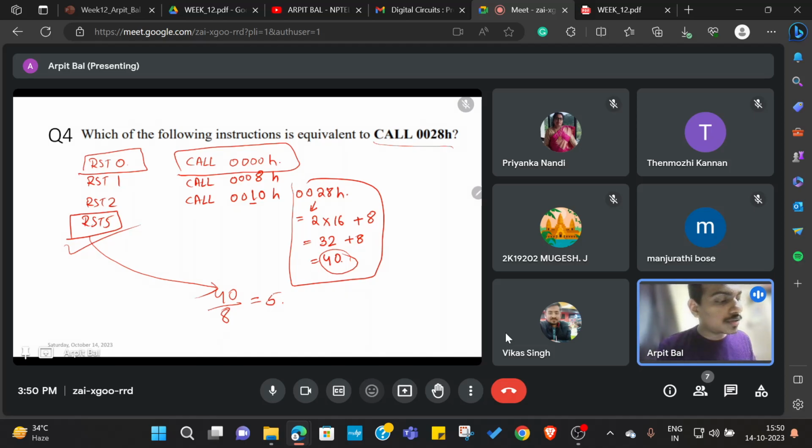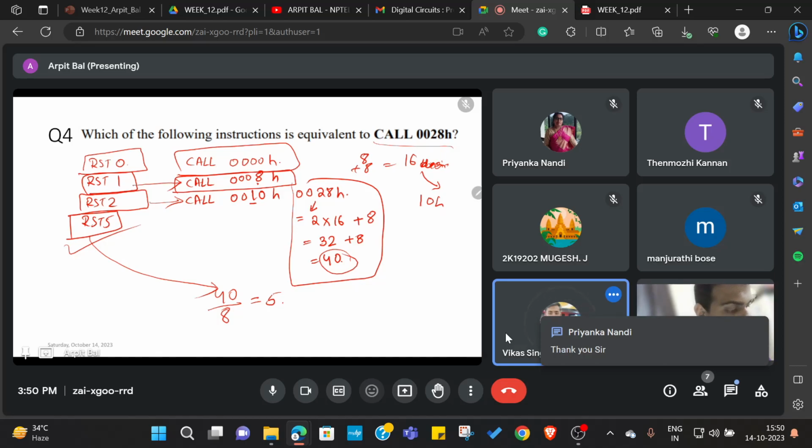RST0 refers to call 000H, and with each increment of 1, like RST1, there has to be an increment of 8 in the address. Similarly, RST2 will have an increment of 8 from the previous address, so it should be 8 plus 8, that is 16 in decimal. In hexadecimal it will be 10.